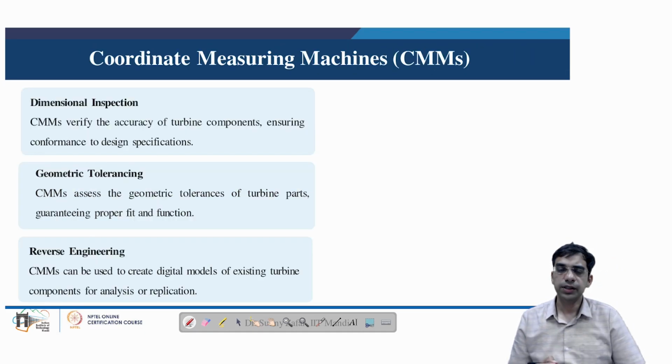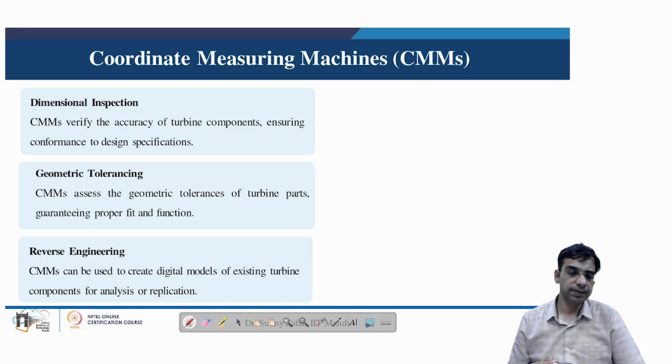Coordinate measuring machines have been very popular in metrology and measurement for a very long time. They basically function on the presence of a probe which measures specific locations on any object, and this probe may be manually or computer controlled. Generally this probe functions in three dimensions, that is x, y and z, and it moves on the part to give the information about size, shape and position of different profiles on the part.